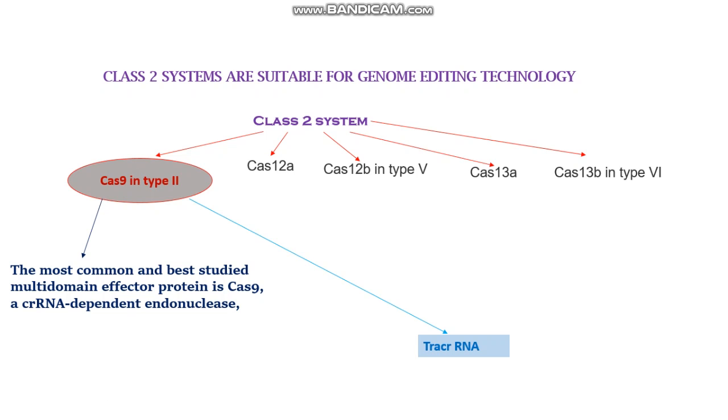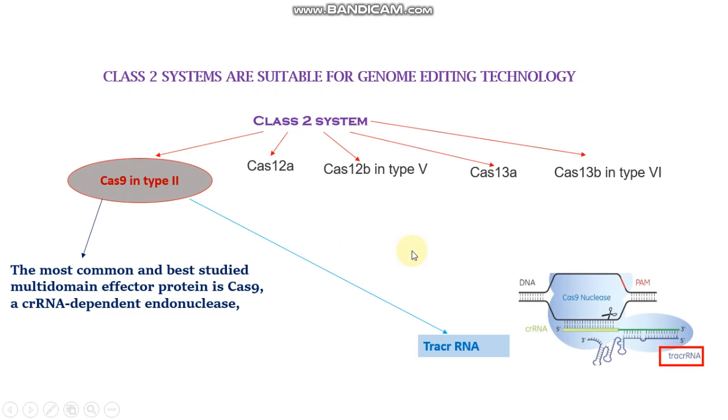Type 2 also contains the tracrRNA, the trans-activating CRISPR RNA, which might have evolved from the corresponding CRISPR. This tracrRNA is essential for precursor CRISPR RNA processing and target recognition in the type 2 system.